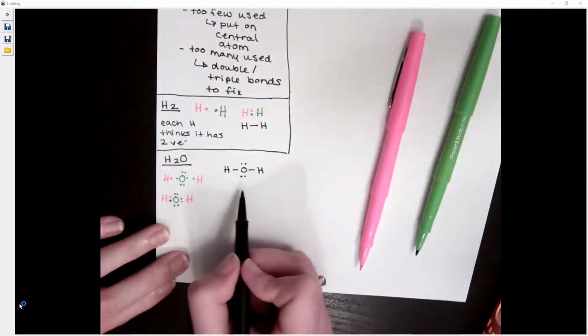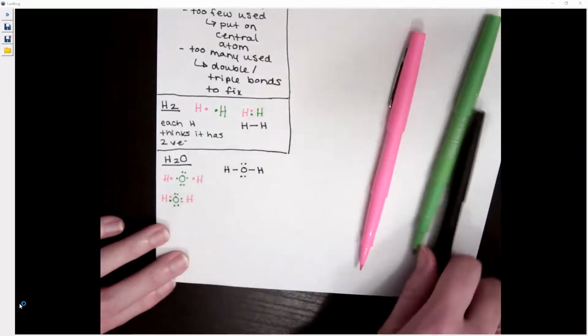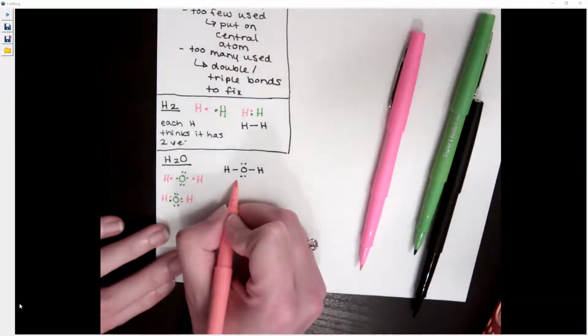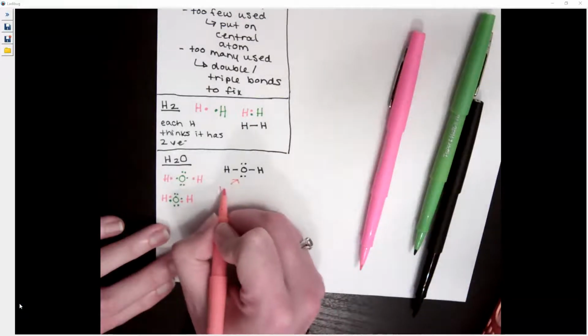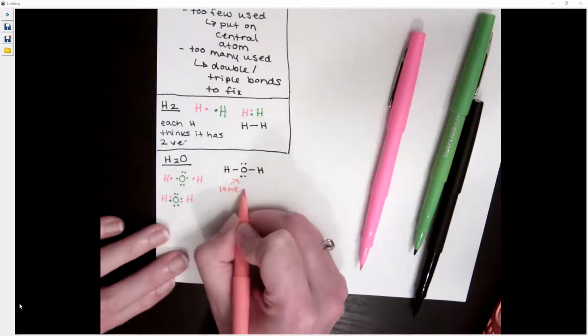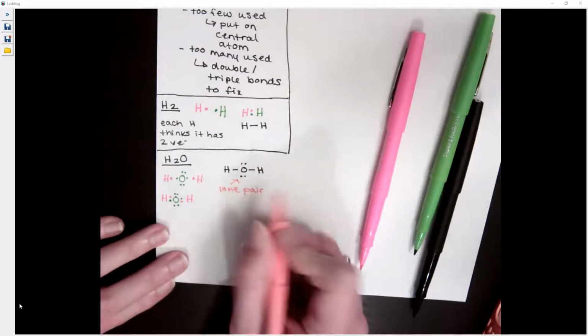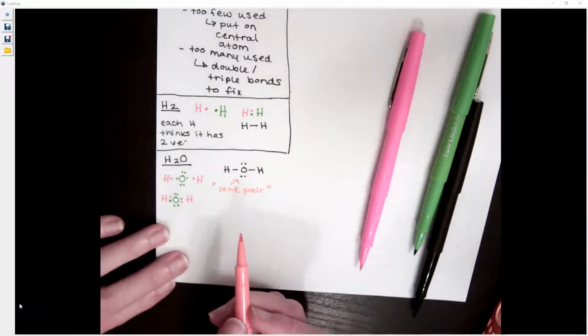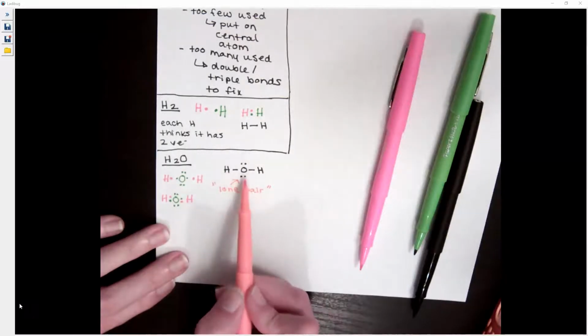There's no atom attached here. So I do have to leave them alone. I can't put a line. I have to leave them as dots. That's called a lone pair. Oxygen has 2 lone pairs.